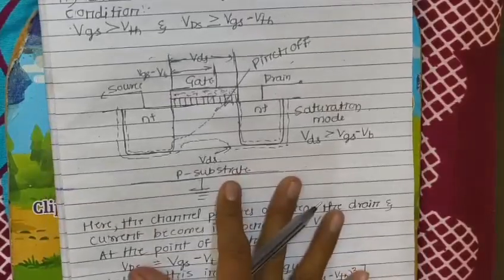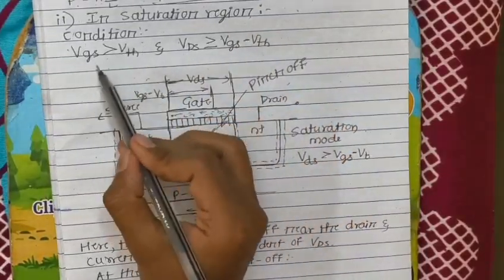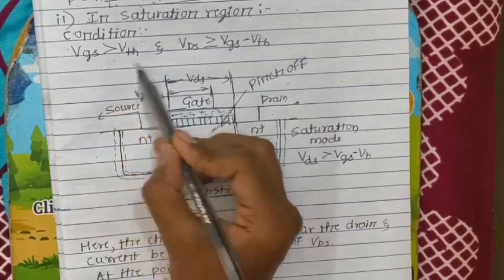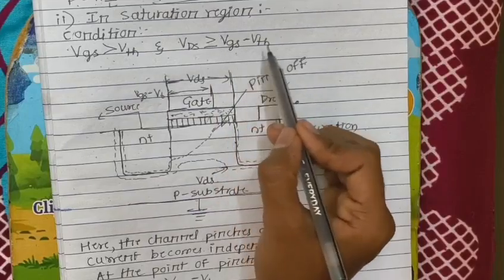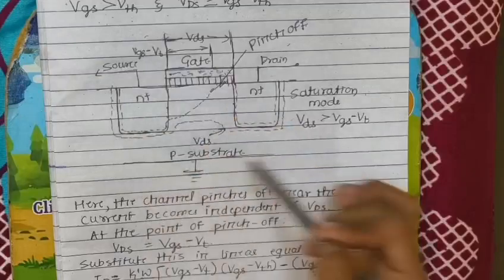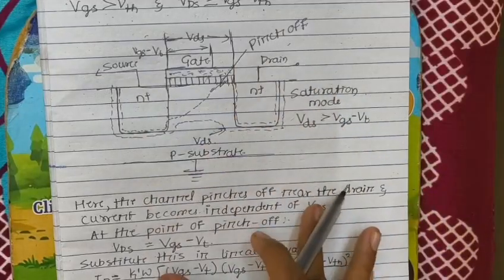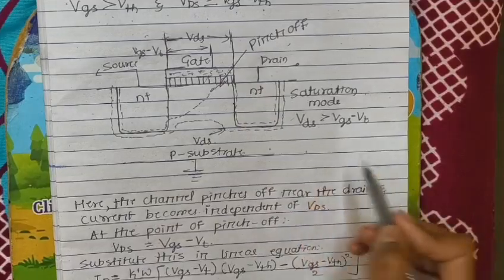Next, in the saturation region, the condition is VGS is greater than VTH and VDS is greater than or equal to VGS minus VTH. This is the diagram of saturation region, NMOS enhancement mode MOSFET.